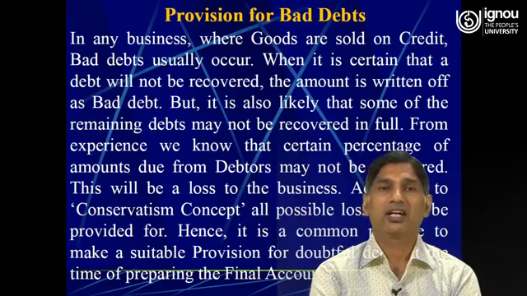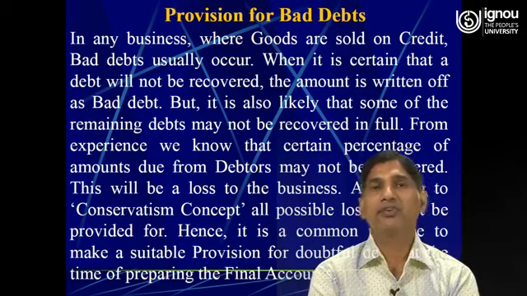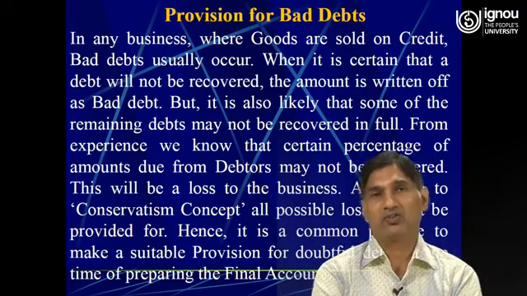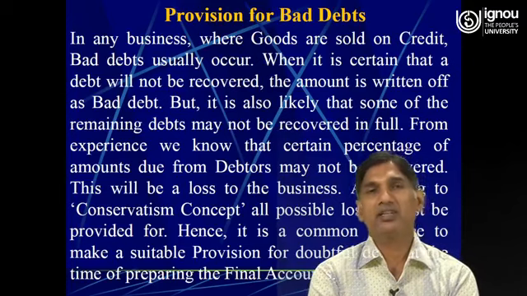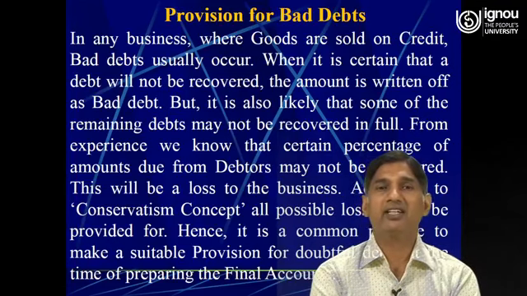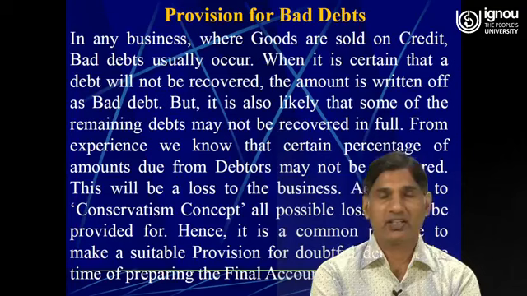According to the conservatism concept, we must provide for future losses but not for future profit. Hence, it is a common practice to make a suitable provision for doubtful debts at the time of preparing the final accounts.